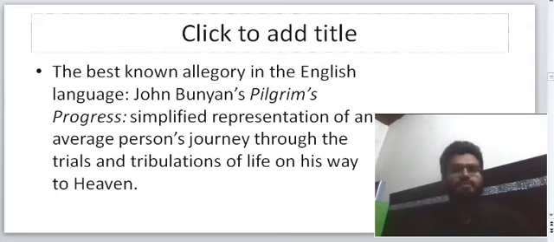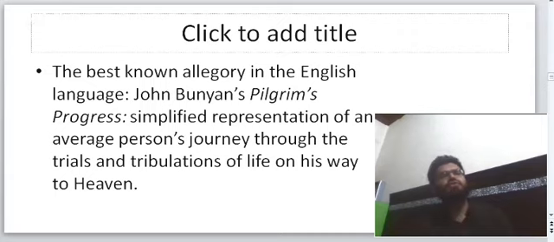So, through this work, which is full of Christian imagery, the writer portrays the life of a Christian man, how he has to face difficulties and problems in life, how he has to cope with problems, how he has to overcome different difficulties, and then abide by the laws of God and reach heaven.